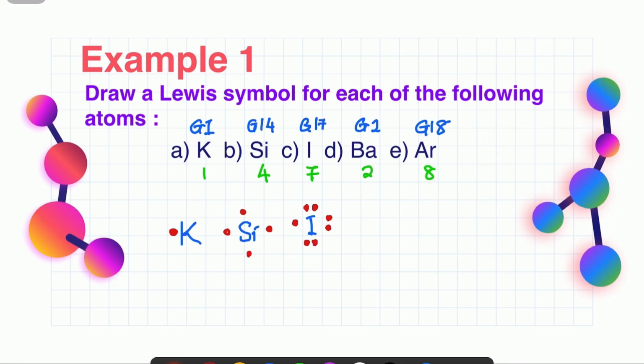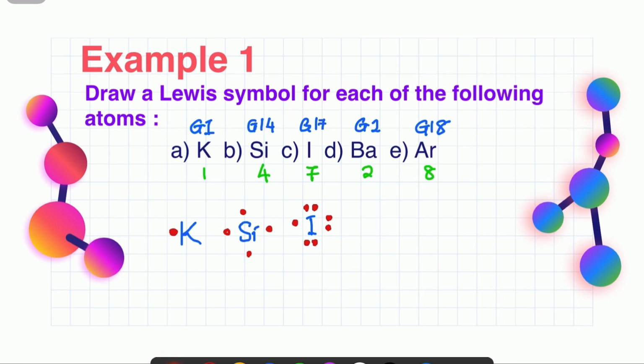So this is how the Lewis dot symbol for group 17 iodine looks. And remember, for this side, you should draw the Lewis dots in this way, not this way. So this is wrong.